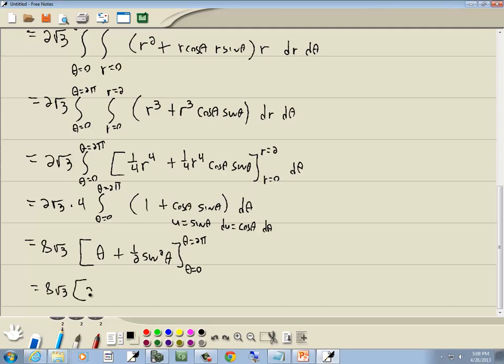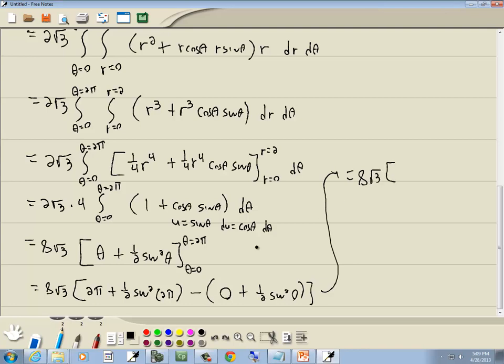So I'll put in 2 pi for theta, plus 1/2 sine squared of 2 pi, minus, and then I'll put 0 in for theta, 0 plus 1/2 sine squared 0. So we've got 8 square root of 3.